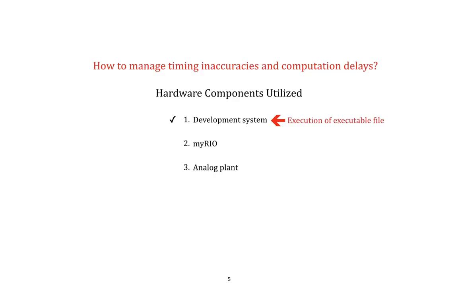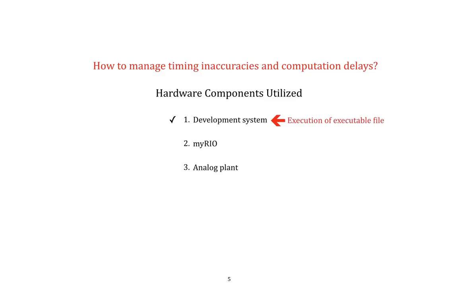Well, those glitches are a result of timing inaccuracies because your development system has lots of things it's trying to do all at once. And execution of the code that represents your VI is going to be a relatively low priority for your development system compared to, for example, keyboard presses, and perhaps even you might have an email application running and you might be getting email.